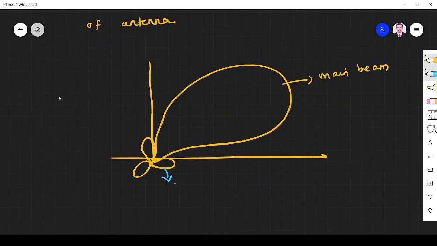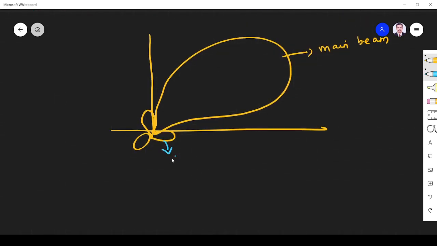So this is main beam, this is side beam, you can see, right? So the gap between the beams, this is called null. Here you see this one is null, here also null, right? Here you can see major beam, here you can see minor beam.